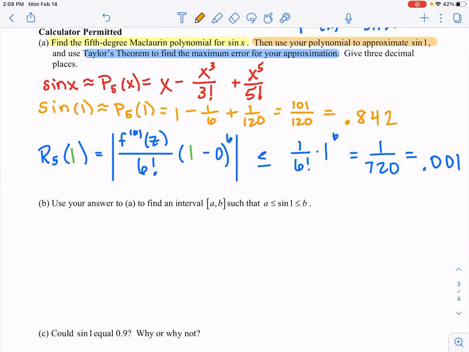Now, if I actually plugged in 1 to our original function, the sine of x, we know that it would be between 0.842 plus our error and 0.842 minus our error.